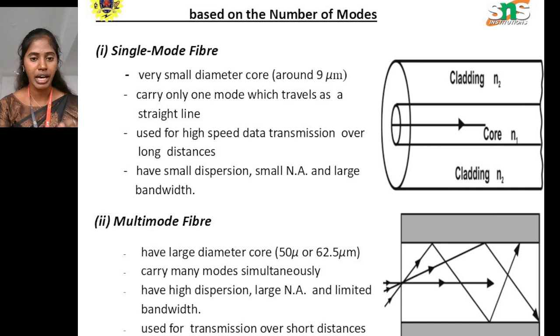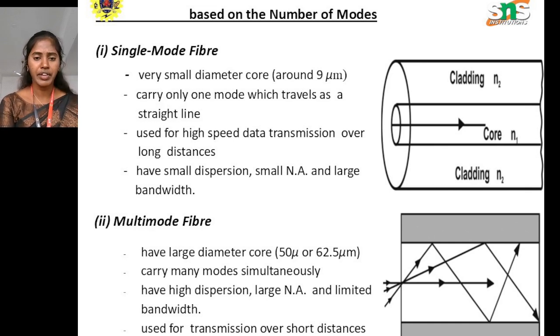It has a very small diameter core, around 9 micrometers. It carries only one mode and travels as a straight line. It is used for high speed data transmission over long distance communication. It has very small dispersion, small numerical aperture and a large bandwidth.